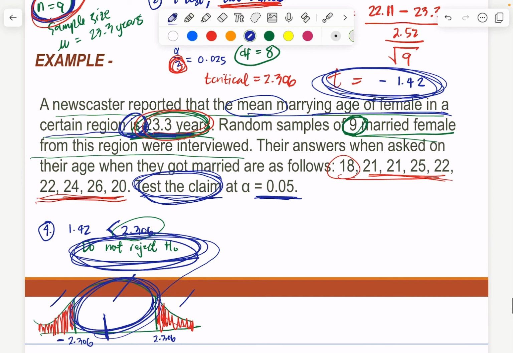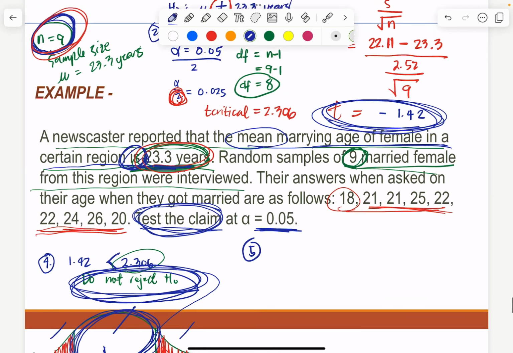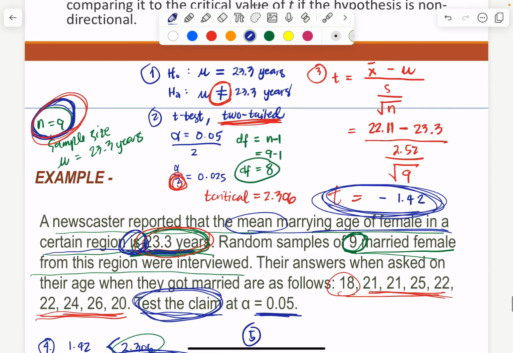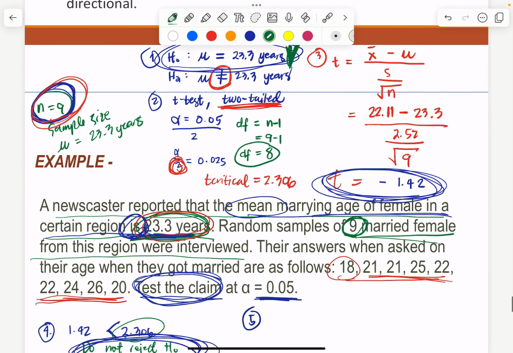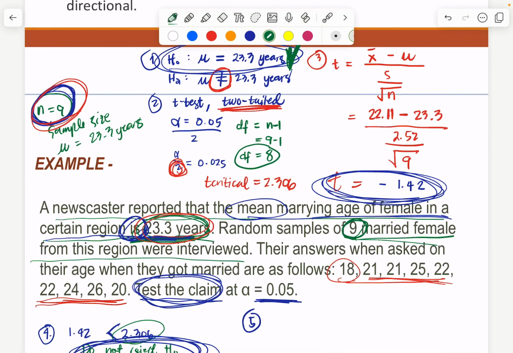Now, the next step here is to make your conclusion. So, atong decision is do not reject man, di ba? So, kung do not reject, si null hypothesis kay atuang kay i-accept nato ang atuang null hypothesis. Kay do not reject man. So, diri dayon nimo ibase ang imuang conclusion.